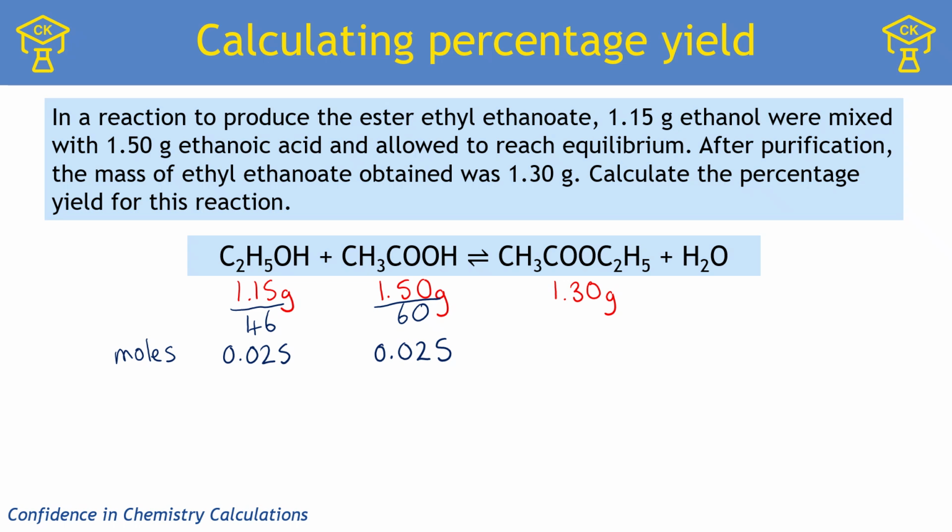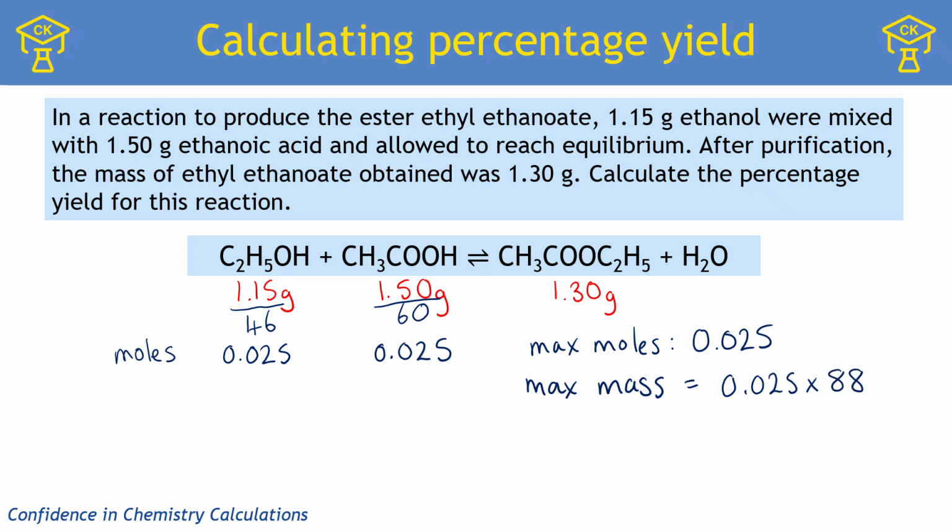This means that the maximum moles of ethyl ethanoate I can make is 0.025 moles. I can use either of those. Everything in the equation is a 1:1 ratio. So the next thing I can work out, if I know my maximum moles of ethyl ethanoate, is my maximum mass. And so I need to find the RFM, which is 88. Mass is moles times RFM, so it's 0.025 times 88.